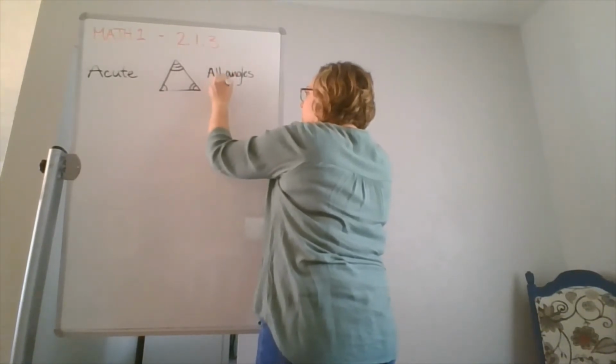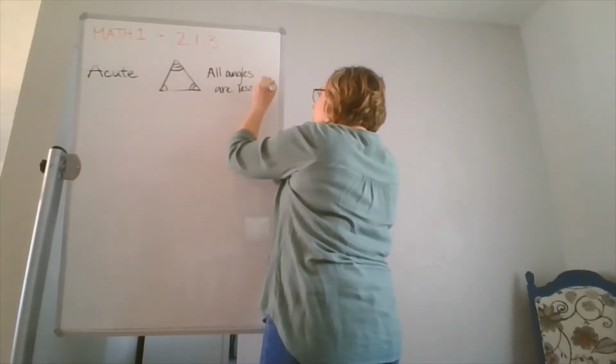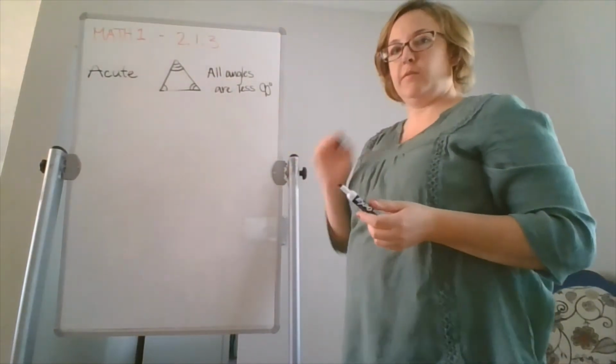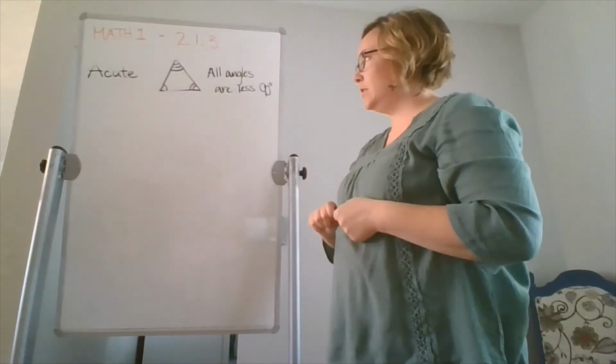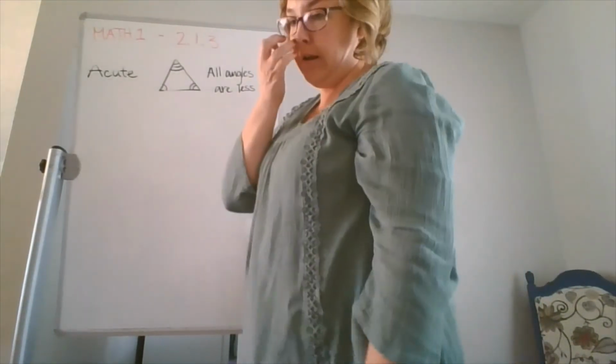I was going to put a big old 0 right there, and we'll just turn that into a 9. They're less than 90 degrees. That's an acute triangle.